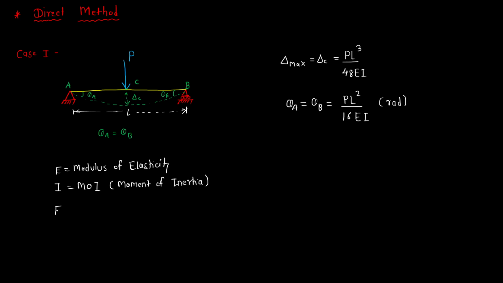Now sometimes in the problem a term is given which is called flexural rigidity. If in a question it is given that the flexural rigidity of the beam is so and so, that means the value of EI is given. This product of E into I is called flexural rigidity.